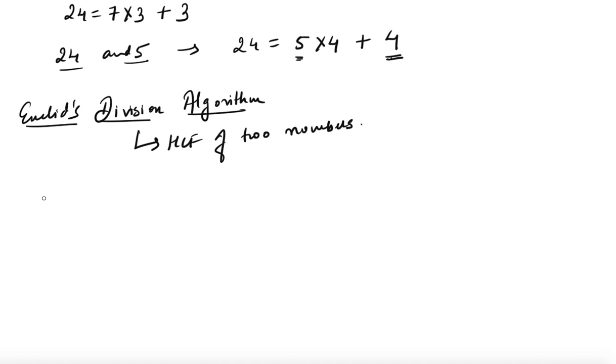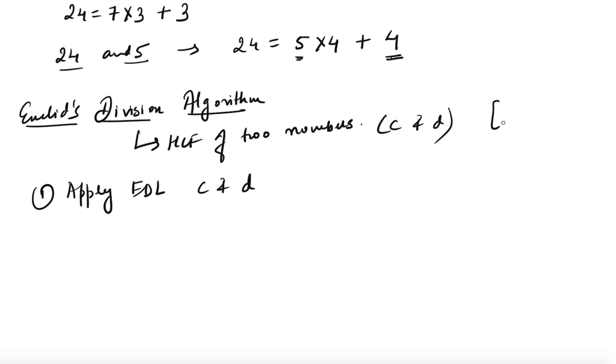The process is, first step, apply Euclid's division lemma to the given numbers. Say the two numbers are C and D. So apply Euclid's division lemma to C and D, and let us say that C is greater than D.